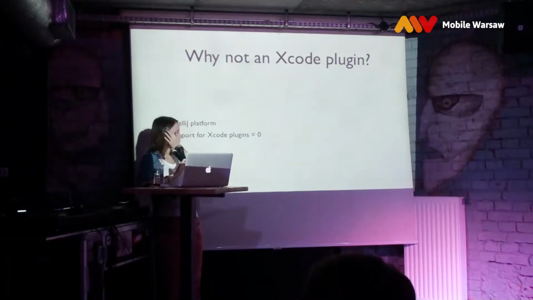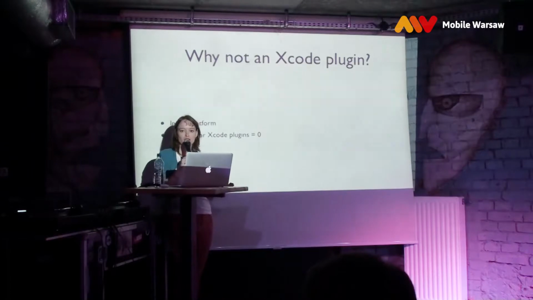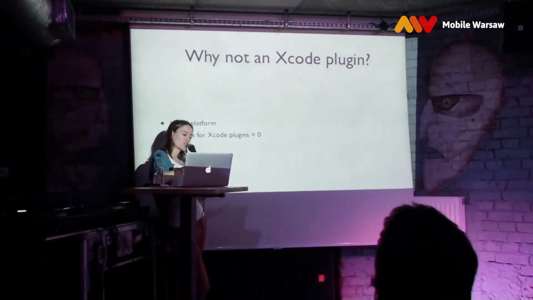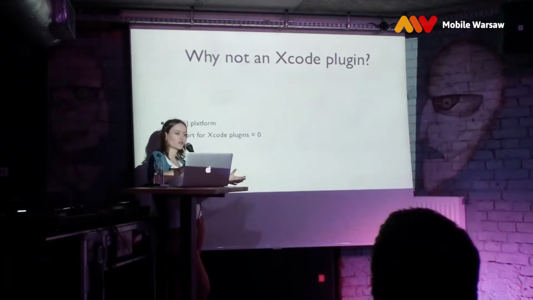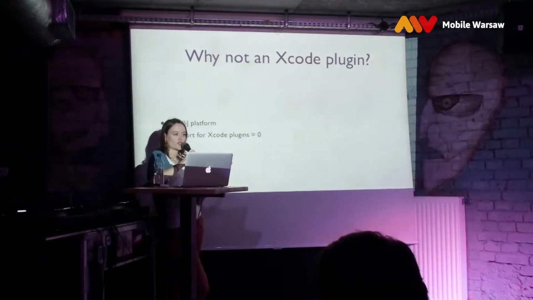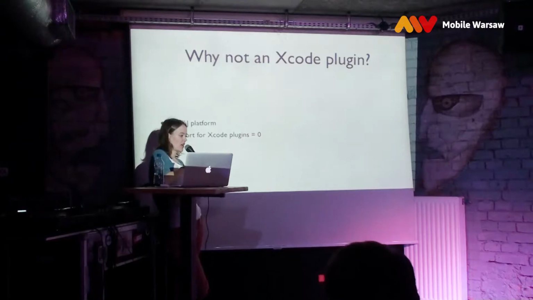But the question is, why didn't we just make an Xcode plugin? Because we have experience like this. We have ReSharper for C# developers, and ReSharper is a plugin for Visual Studio. And some people ask, why didn't you just make a plugin for Xcode? There are two sides of this story.